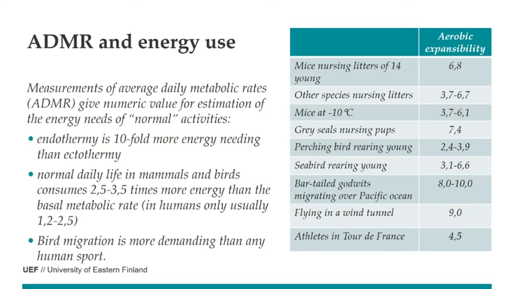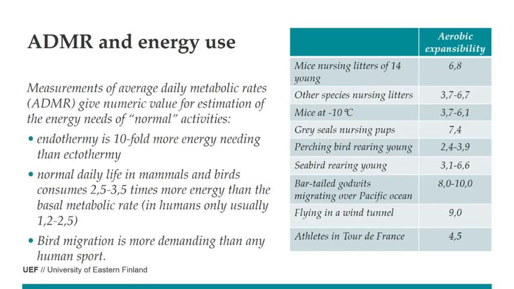So in flying in a wind tunnel, or in some birds that are migrating over the Pacific Ocean, they can increase their aerobic metabolism 10 times more than the basal metabolic rate.